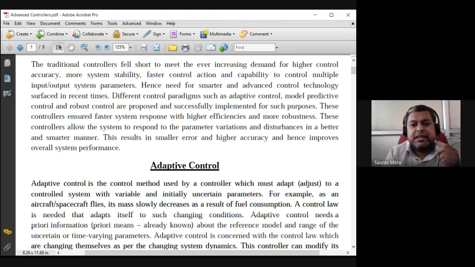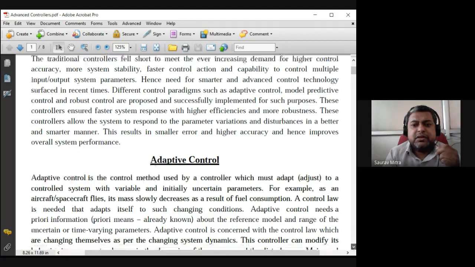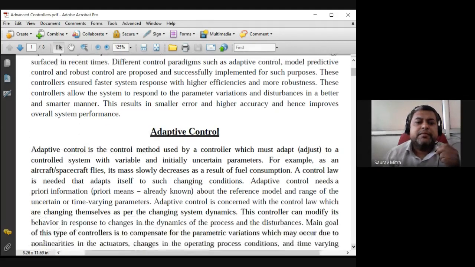Hence the need for advanced controller technology surfaced in recent times. Different control paradigms such as adaptive control, model predictive control, robust control are proposed and successfully implemented for such purposes. So these adaptive, model predictive, robust, they all are called advanced controllers.